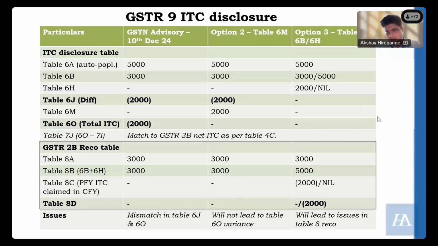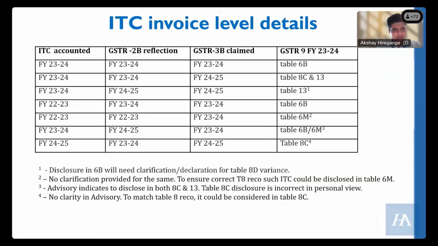ITC accounted in 23-24 and claimed in 23-24, but reflected in 2B of 22-23. So this is clearly given here, sir. If you see the table 6M, sorry, it is not 6M, this will come in table 6.